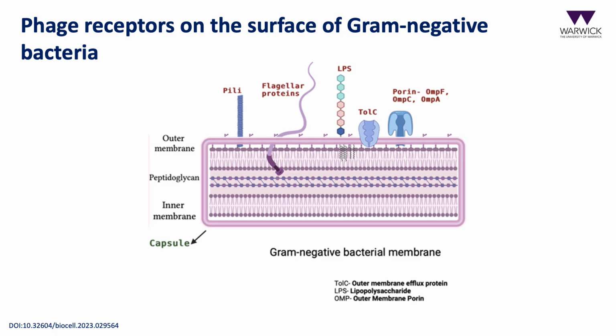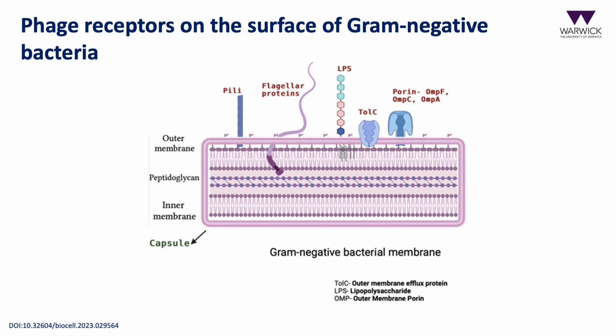I told you about receptors on the bacterial cell surface. On gram-negative bacteria like XCC that I told you about, you can see we have this outer membrane here, and on this outer membrane we have a series of receptors, which the bacteria have on their cell surfaces for many different reasons. For example, we have pili here, which bacteria usually use for attachment to surfaces or biofilm formation and so on.